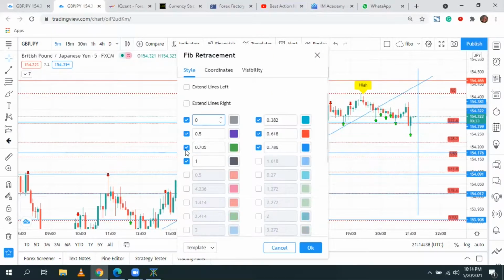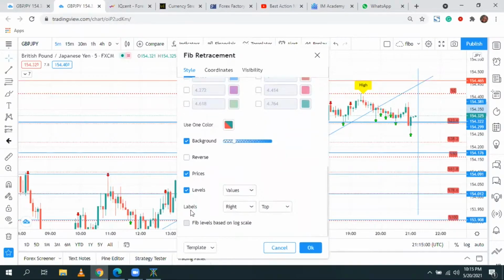Now you change the settings to what you're seeing on the screen right now. You have 0, 0.5, 0.705, the 1, 0.382, 0.618, and 0.786. Those are the levels we need to take our trade on the Fibonacci.